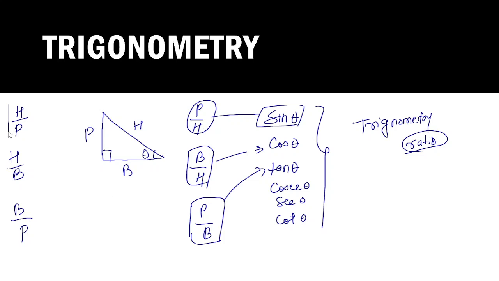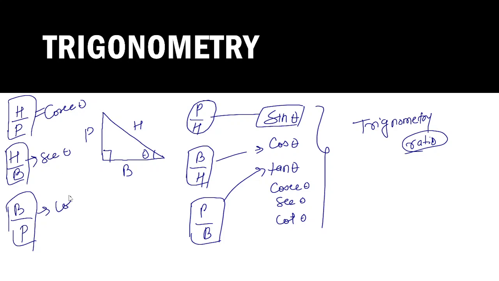The ratio of hypotenuse and perpendicular is known as cosec theta, right? And the ratio of hypotenuse and base is known as sec theta, and the ratio of base and perpendicular is known as cot theta, right? So these are the six ratios we will use in trigonometry, right?